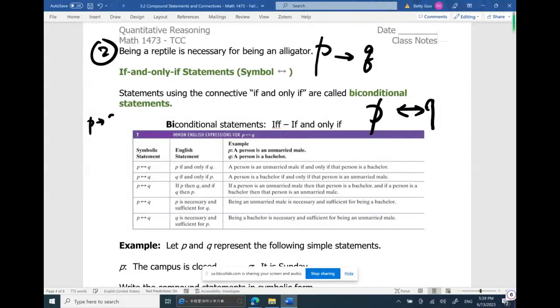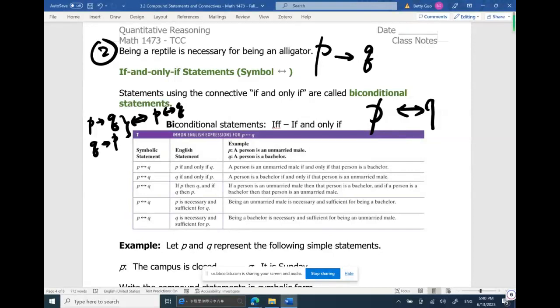If we have P implies Q and Q also implies P, then together we have P if and only if Q. Both directions. Sometimes when we say P if and only if Q, we say P and Q are equivalent. When you see an if and only if statement, you are looking at a biconditional statement.